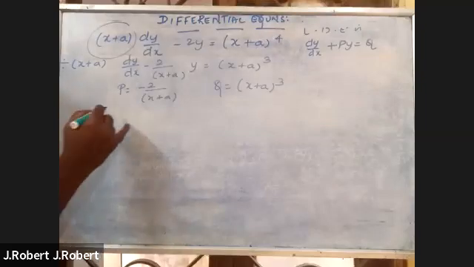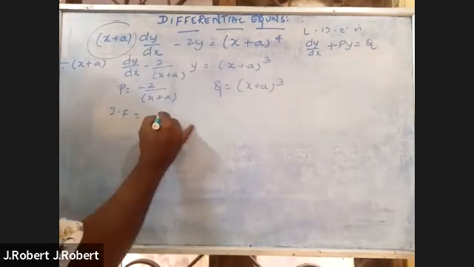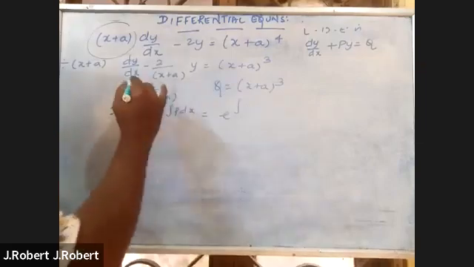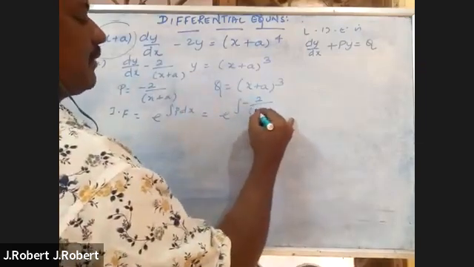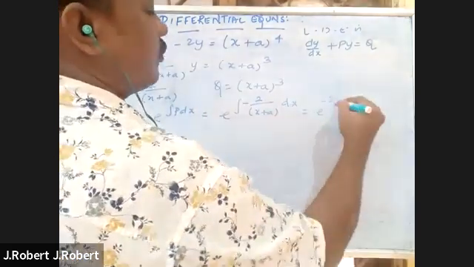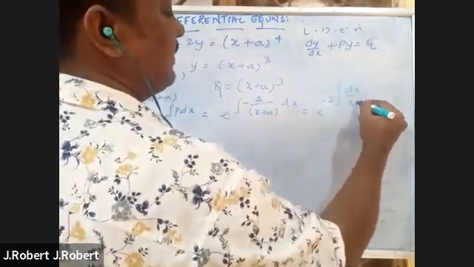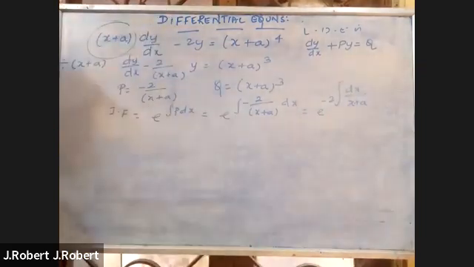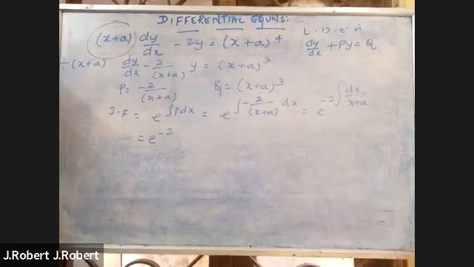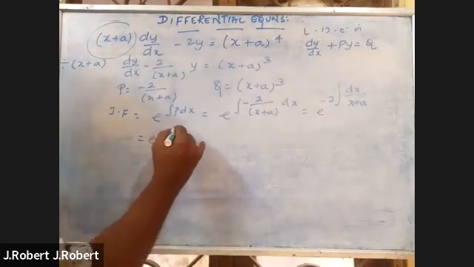Now you find out the integrating factor, which is equal to e power integral P dx. E power integral of minus 2 divided by x plus a dx. If you take minus 2 common, we can write this as e power minus 2 integration of dx divided by x plus a. So what is the integration of dx divided by x plus a?